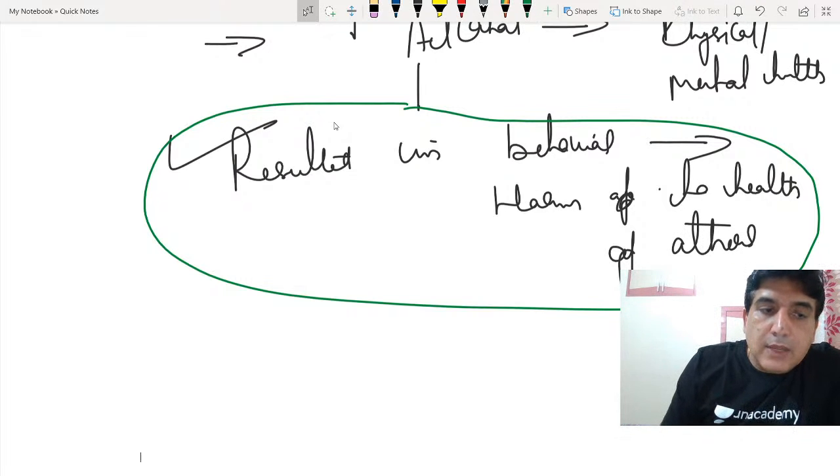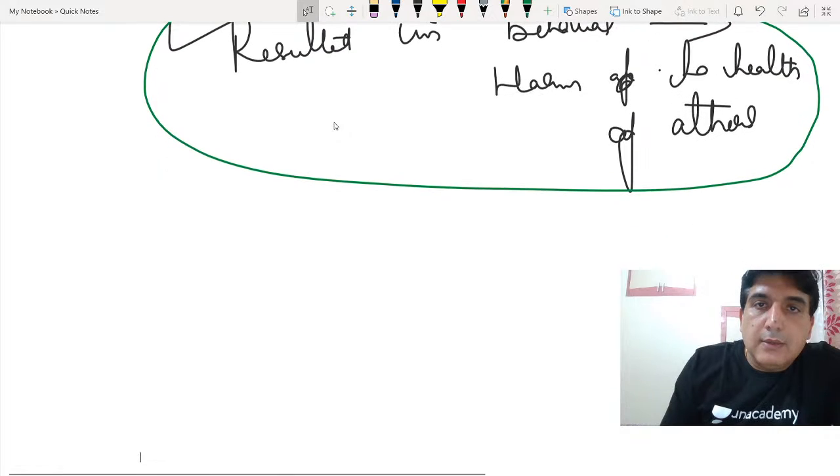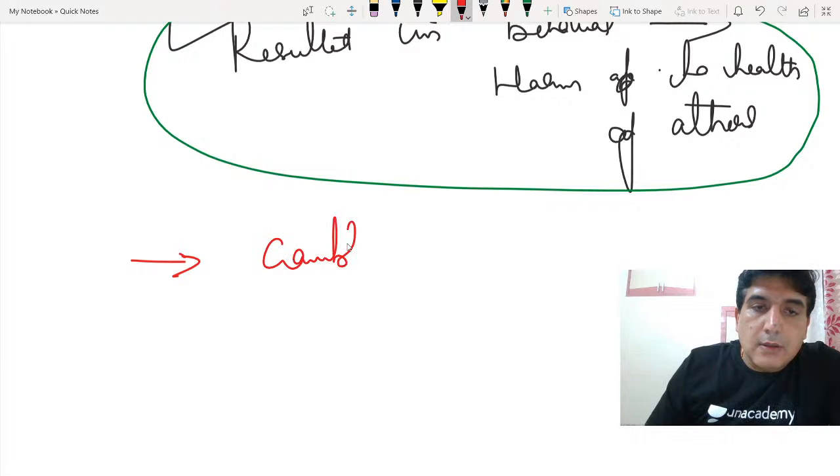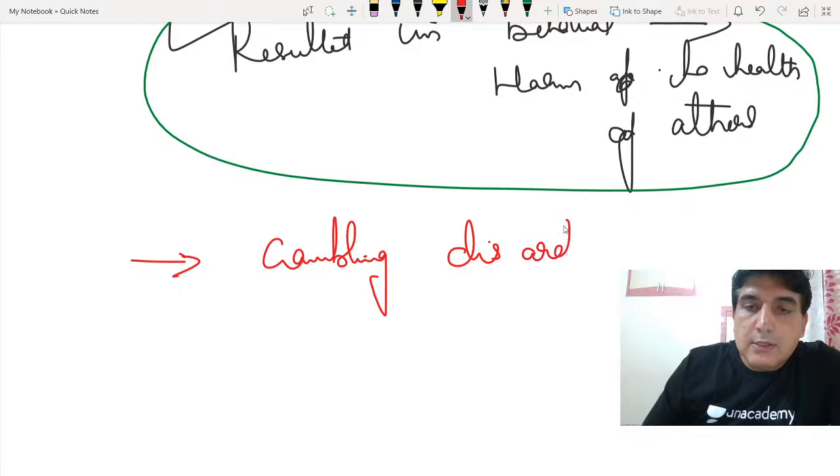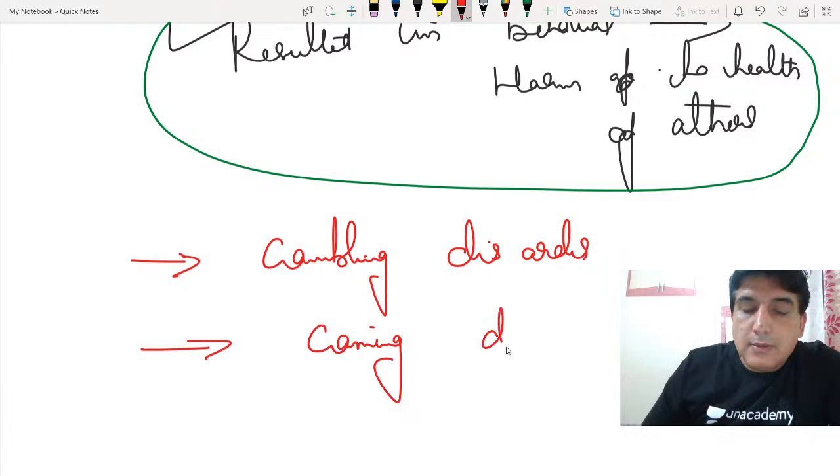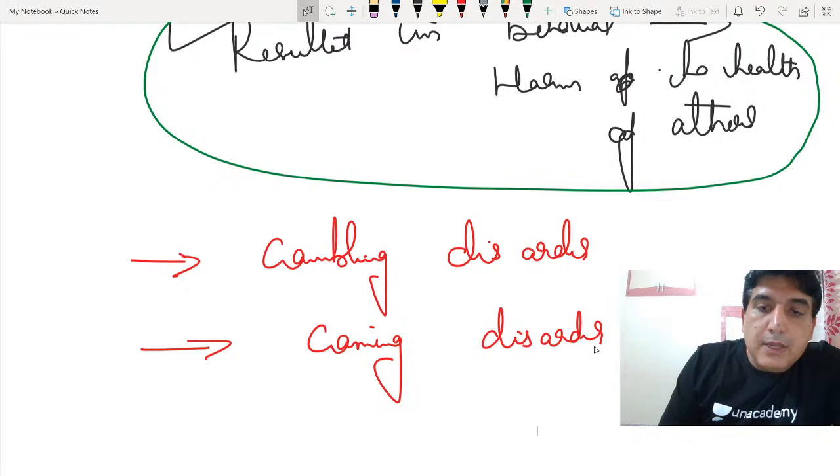Apart from that, new terms added in ICD-11 are gambling disorder and gaming disorder.